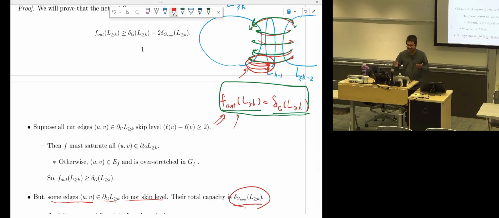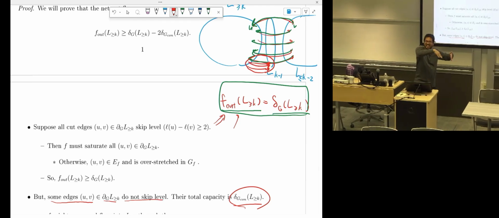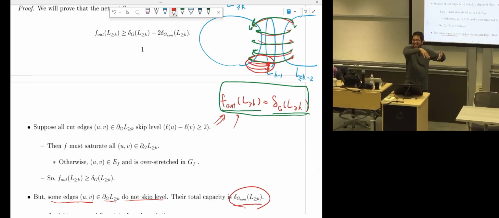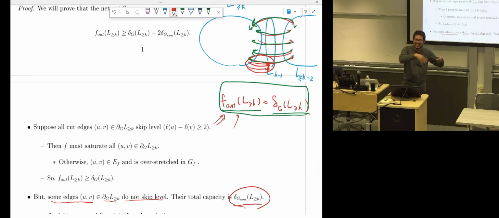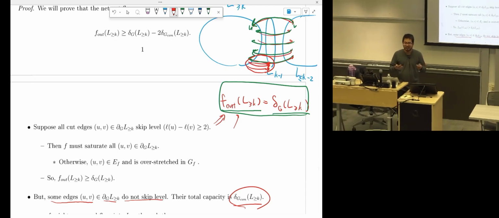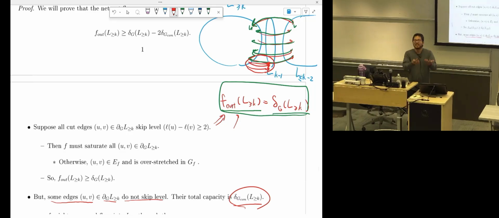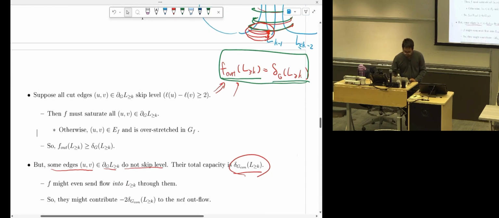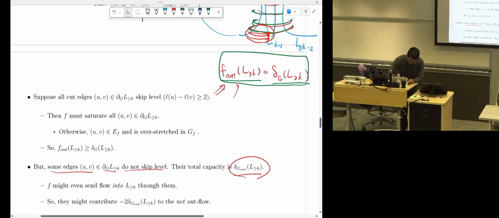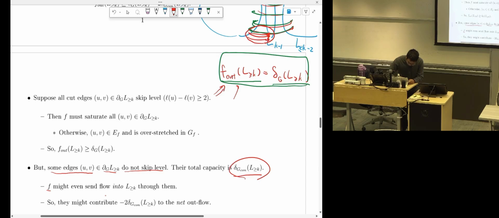But actually, on these red edges, the edges in G-con, the flow might even go in. If the flow goes in, then how much would it reduce the net flow out? It will reduce it by twice its capacity. So F might even send flow into this cut.